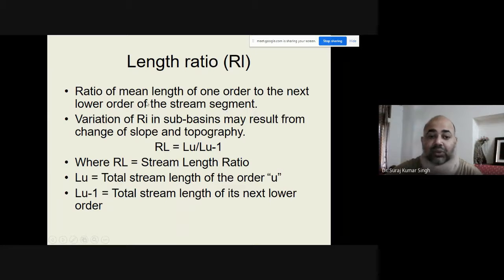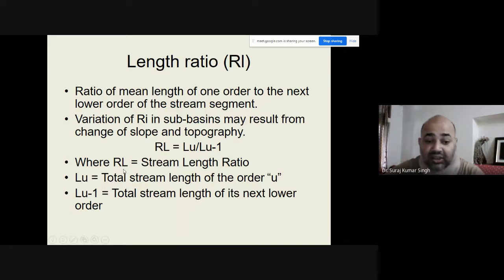Means the formula here is the ratio of the mean stream length of one order to the next lower order. Means the stream length of 2 will be divided by the stream length of 1. This variation in some basins may result from the change of slope and topography.